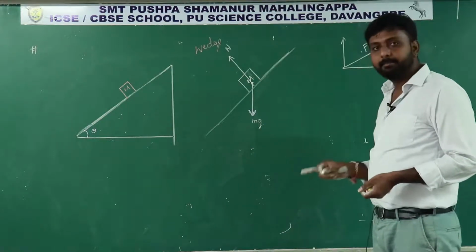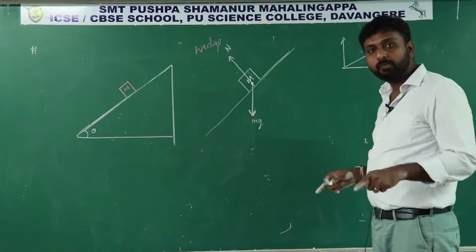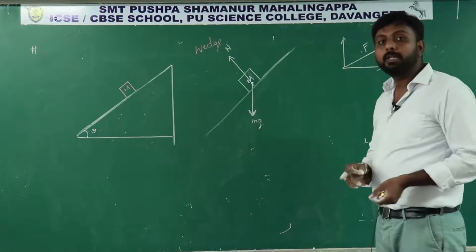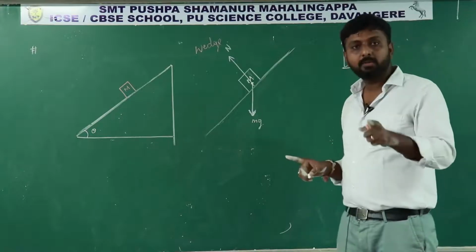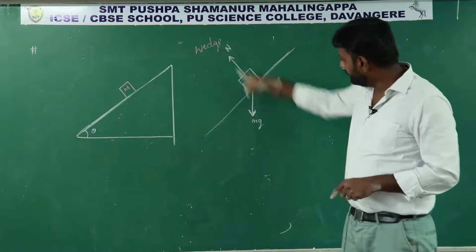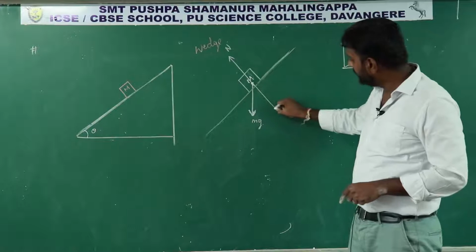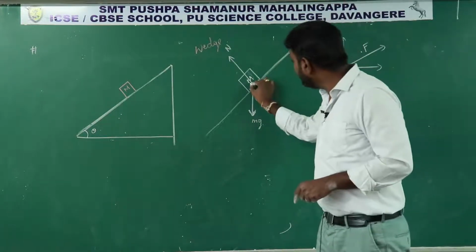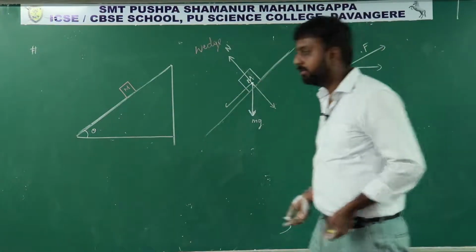First we choose one direction, and the next direction should be perpendicular to the first. Here also I will take one component exactly opposite to the normal reaction, and another component exactly perpendicular to the first component. In such a way we can resolve.